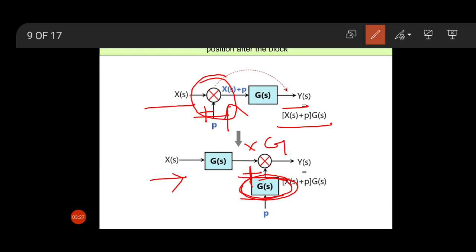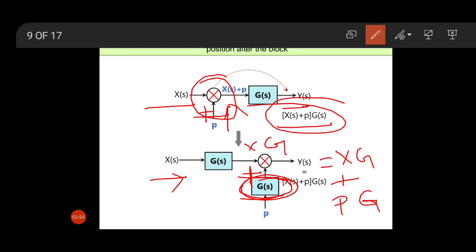So this PG is added to XG. After adding with XG, the output is XG plus PG, and this is the same as our original diagram. Okay, so by adding a block and keeping the block gain as the actual gain, we are getting the same output after changing the position of the summing point from before to ahead of the block.